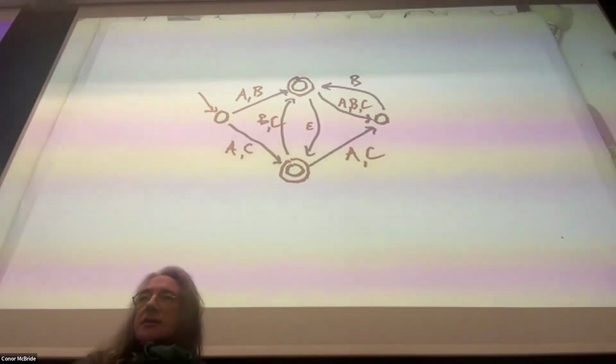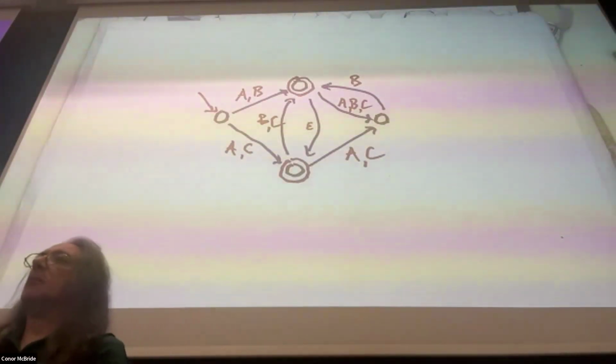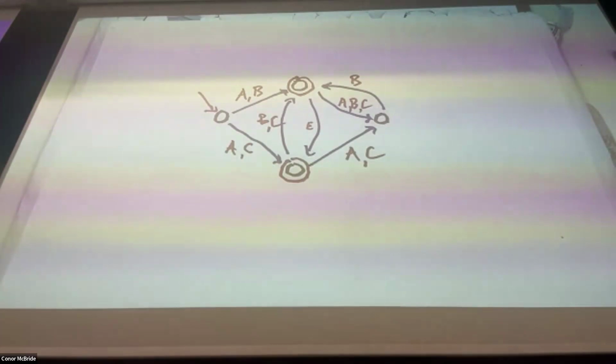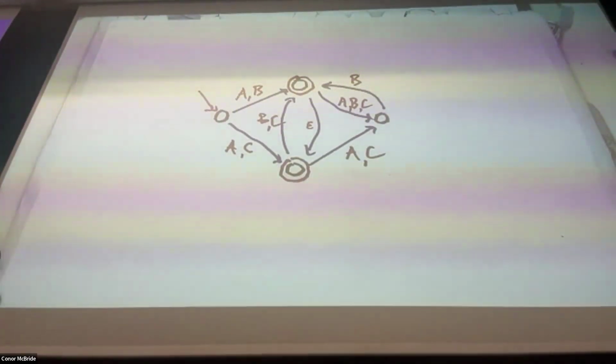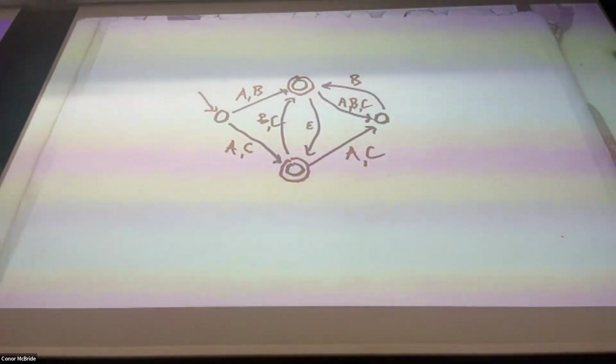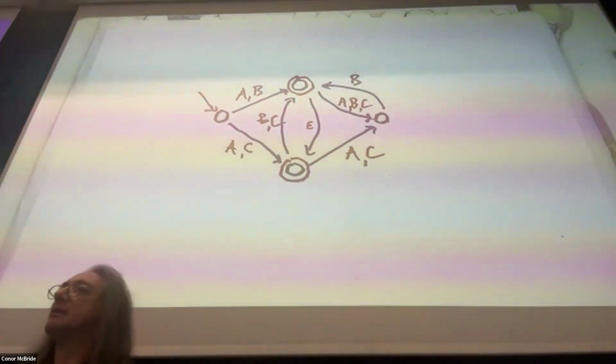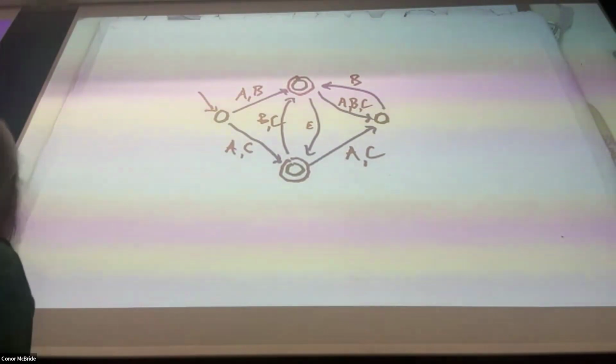So it's not like some perfectly acceptable input turns up and you get unlucky and it's rejected. This machine is really supposed to try all the things it's allowed to do, and if anything works, the whole thing works.